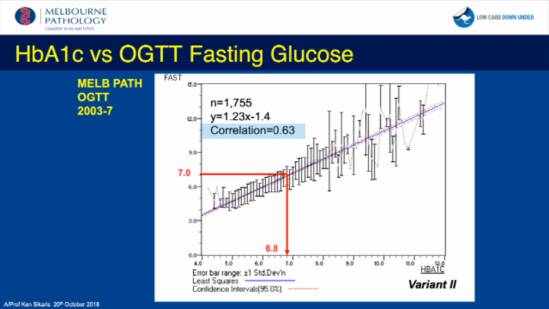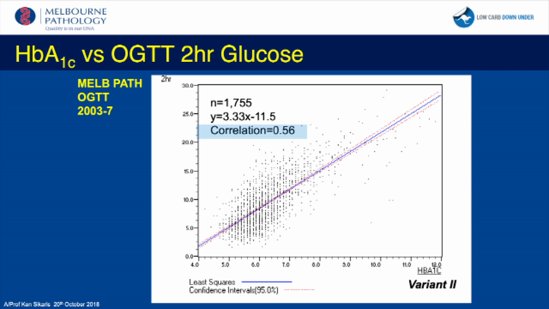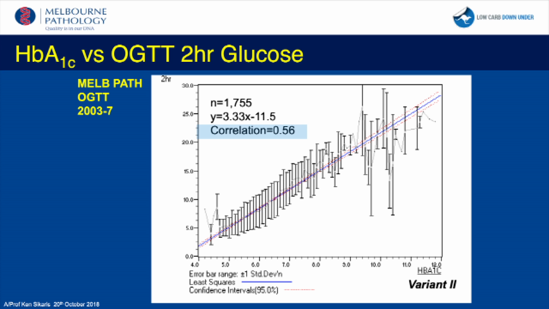So those 2 points are where we've defined diabetes, around those points. The 2-hour level, again, there's a bit more scatter, and a level of 11.1 for a 2-hour level, which is diabetes, equates to about 6.8. So they're wholly compatible in the way they predict those parameters.